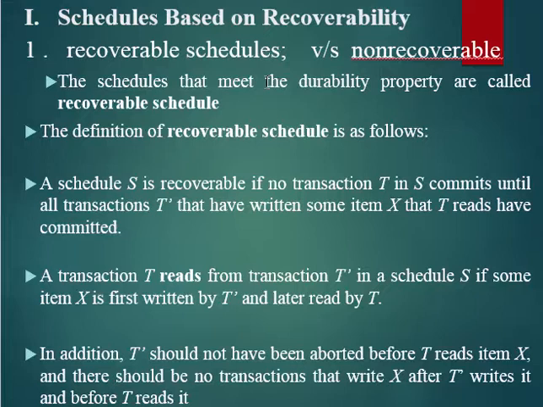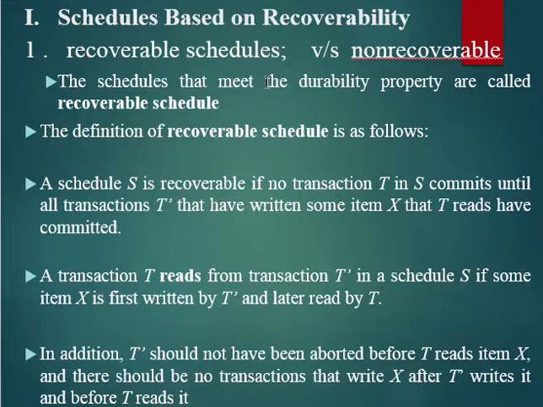T needs to be checked only with TC, the last transaction that updated data item X before T read it. We need to cross verify only the last transaction TC and the transaction T which reads the data item, and no need to check with TA and TB. That is the second point.